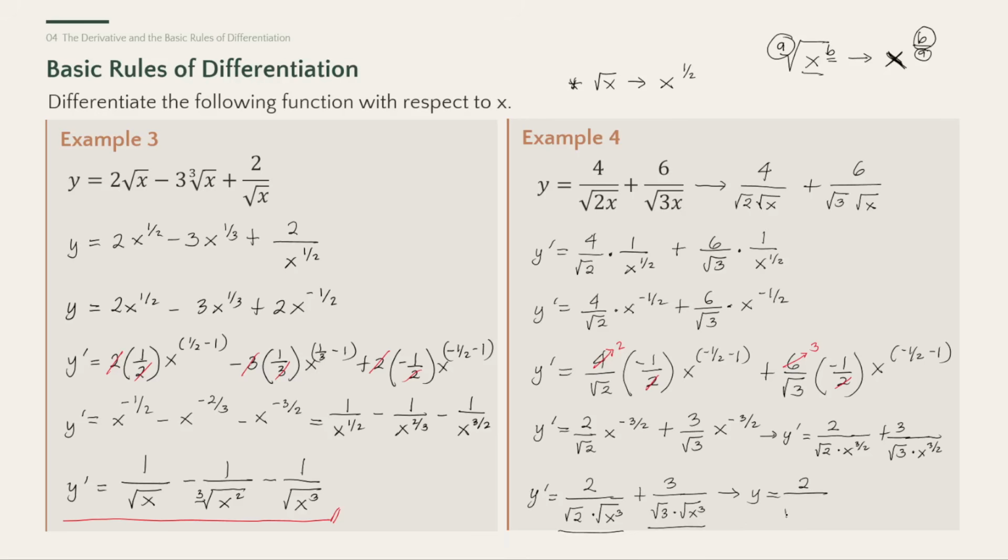So we have square root of 2x cubed plus 3 over square root of 3x cubed. Okay? So that's the answer for example number 4.